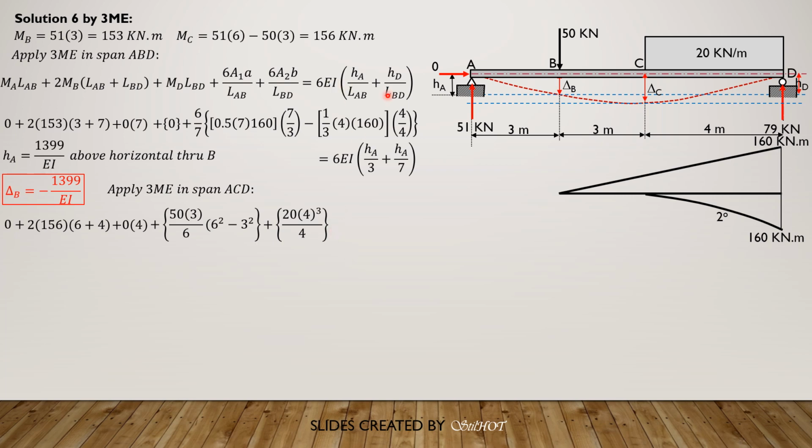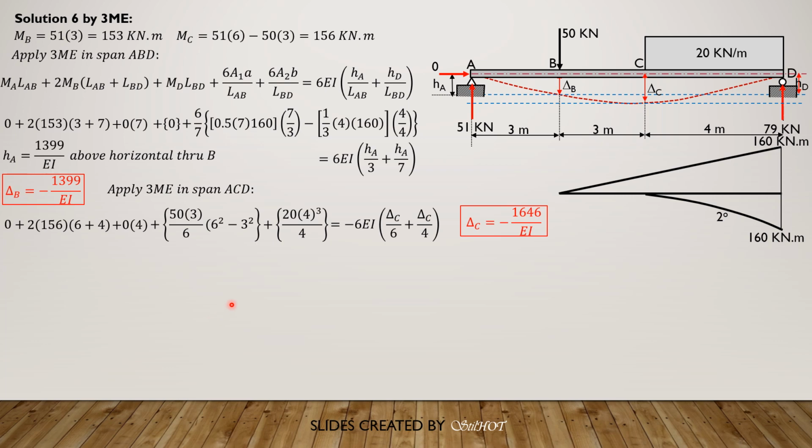Because delta C is also negative, we just make this negative. Then instead of HA and HD, which are also equal, I replace them with delta C immediately. So negative 6EI, quantity delta C over 6 plus delta C over 4. So the only unknown here is delta C. Solving for delta C is negative 1646 over EI.